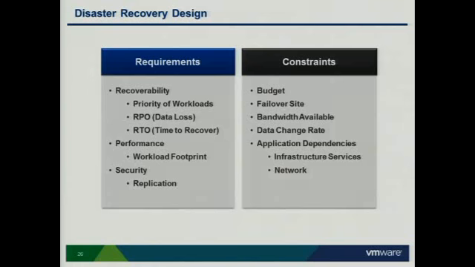What is your recovery time objective? From a constraint perspective, you need to understand your data change rate, which is not always the easiest thing to do, and that's something we'll be talking a little bit about. And based on that data change rate, do you have the bandwidth available to be able to replicate those workloads?